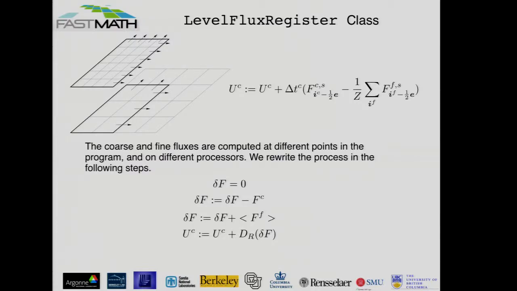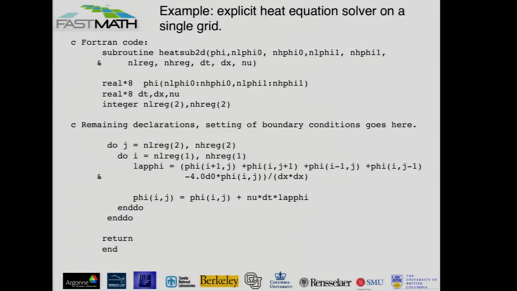Now let's go with an example of a heat equation on a single grid. A heat equation solver on a single grid will look something like this. If you wrote it in Fortran, you have a subroutine, and this is exactly how the calculations go on in Fortran code.